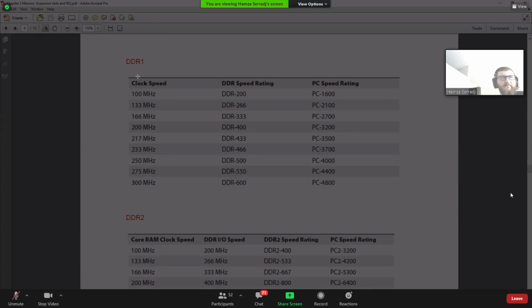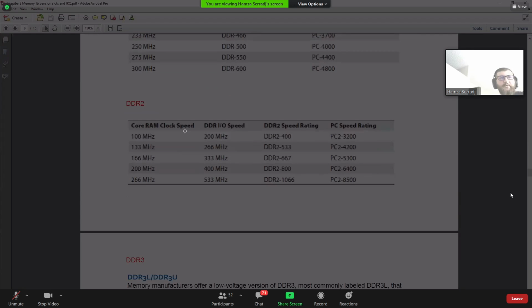Some examples of speed of DDR1. This is the clock speed. This is the DDR speed rating. It's the difference of notation. You see that it's always double because we are doubling the data rate, right? So 100 becomes 200 here. Okay, and 133 is 266. See, it's doubling the data rate, doubling the data rate.